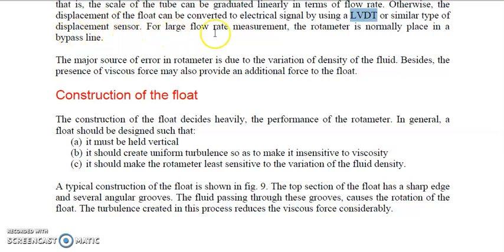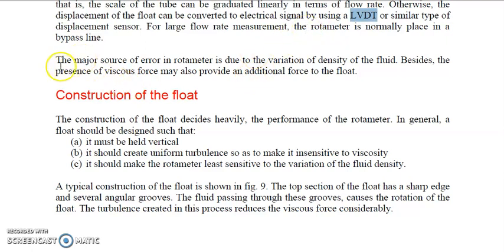For large flow rate measurement, the rotameter is normally placed in a bypass line, from where the LVDT connected to it gives the readings directly in the digital meter via electrical signals. Okay, so this was rotameter.